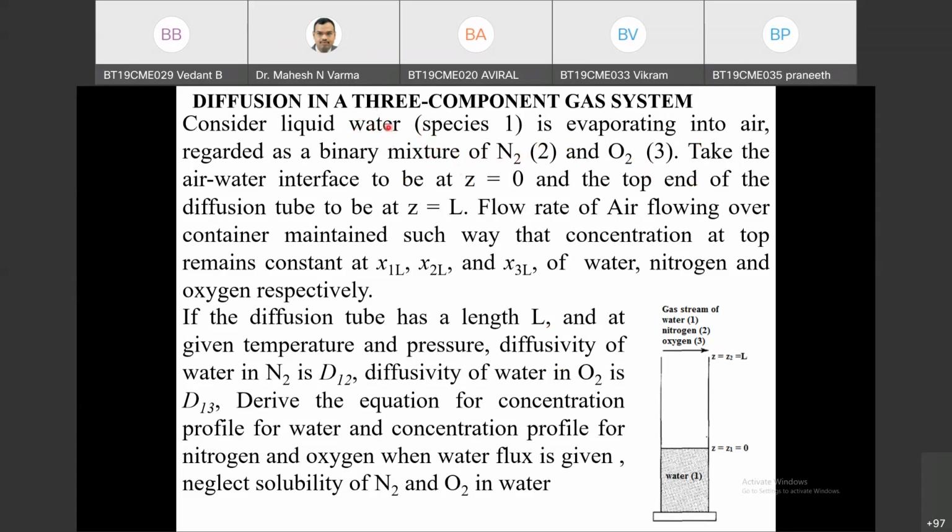But say the diffusivities are different: water diffusivity in nitrogen is D12 and water diffusivity in oxygen is D13. Then evaporation of water in nitrogen and in oxygen will be different. How do we handle this problem?